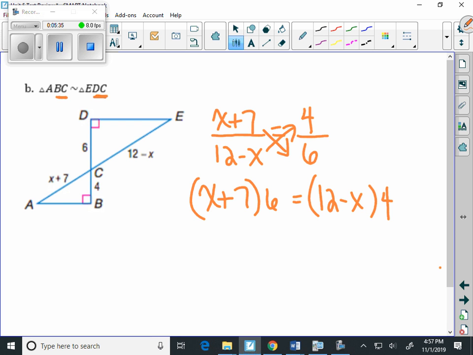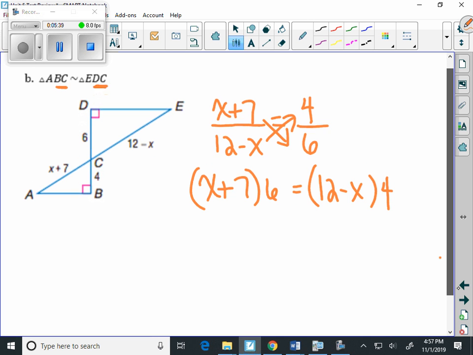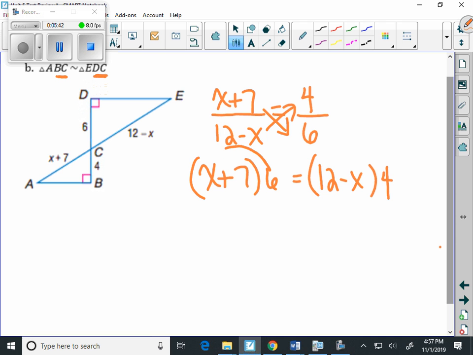By the way, it doesn't matter if you put the 6 out in front of the parentheses or the 4 out in front of the parentheses. We're still going to have to distribute. And what we end up with is 6x plus 42 equals 48 minus 4x.